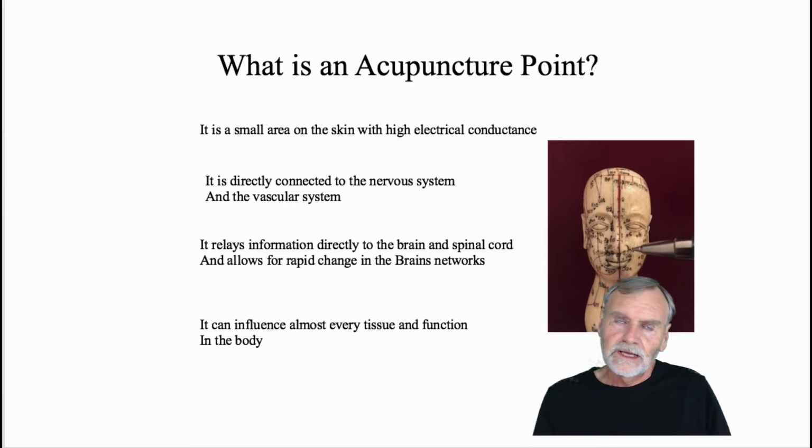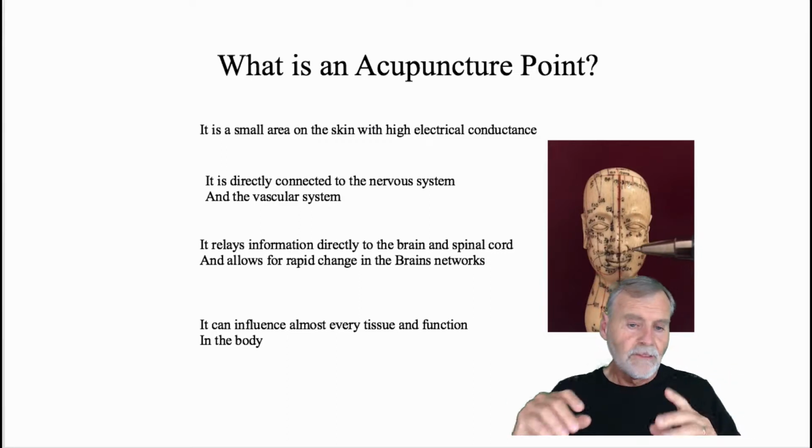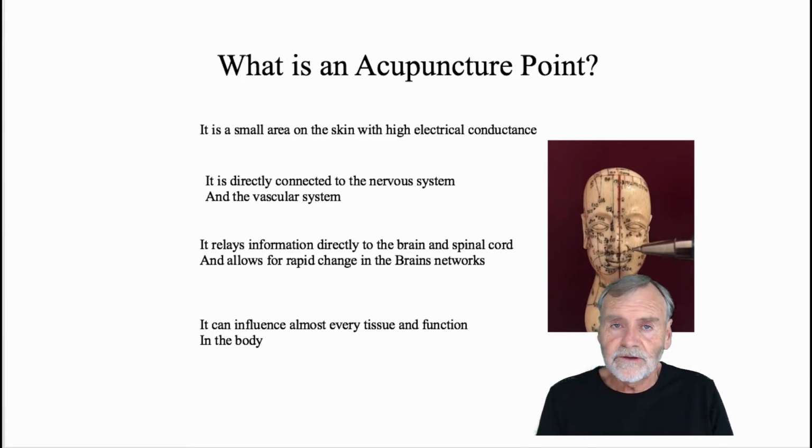Now, we know scientifically that an acupuncture point has very high conductance, in other words, lower resistance in the skin. And we developed an accurate acupuncture point finder by using this principle, and it still works today, 30 some years later, and it's really unique.